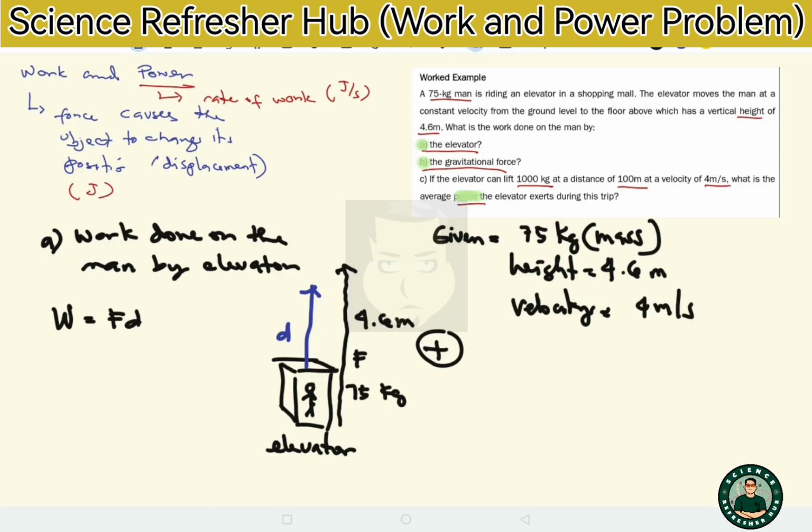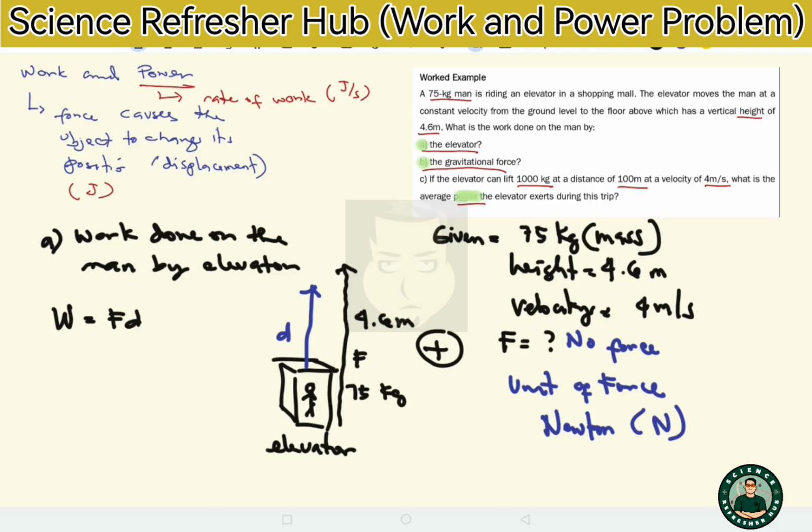Now, if that's the case, no force in our given, right? No force. And remember, the unit of force is newton, or uppercase N. You couldn't see any unit of newtons in the problem. What will you do?